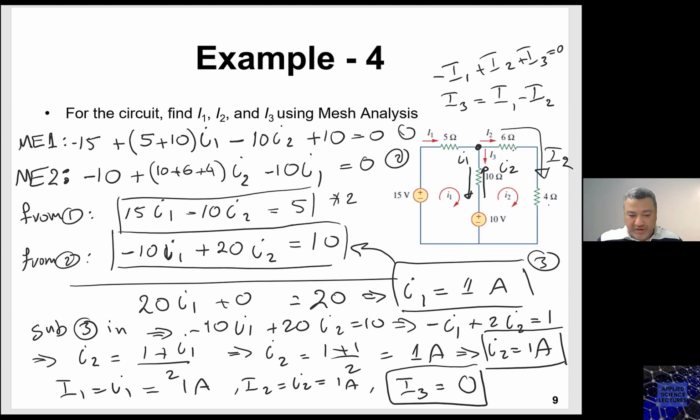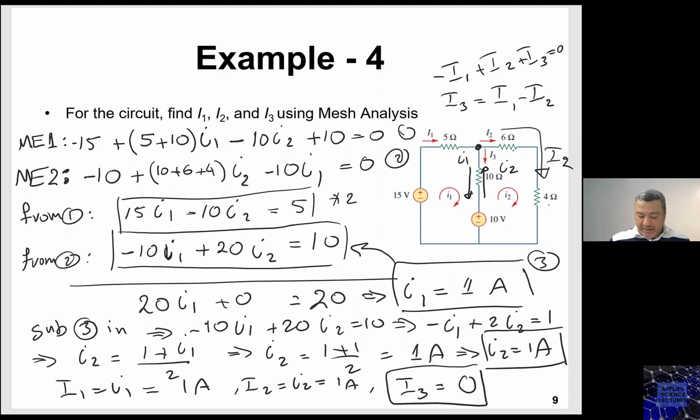Okay, I3 is 0, and this should make things clearer for your colleague who jumped to a conclusion right away and said I3 is 1 ampere because 10 volt is connected to the 10 ohm. This is wrong. As you see here, we found out at the end that I3 is 0. There is no current going into the 10 ohm resistor.